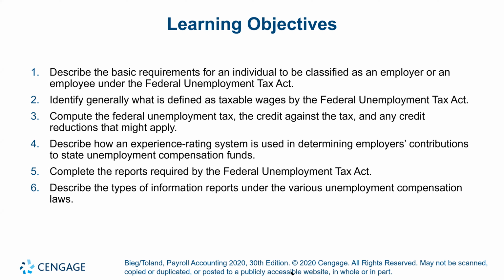The first learning objective is to describe the basic requirements for an individual to be classified as an employer or an employee under the Federal Unemployment Tax Act. It goes just like we've read before, based on that common law idea: an employer pays wages of 1,500 or more during any calendar quarter, or employs more than one person in each of 20 or more calendar weeks during the year.